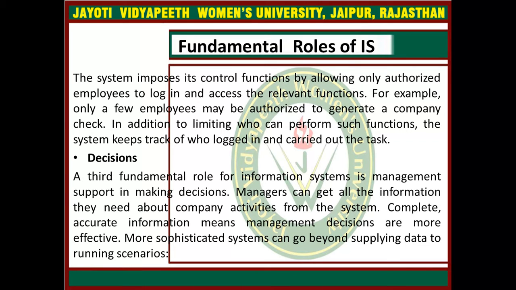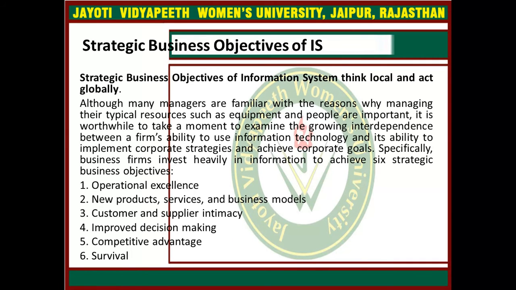More sophisticated systems can go beyond supplying data to running scenarios. Now come to the strategic business objectives of IS, that is, information system. Strategic business objectives of information system: think local and act globally.